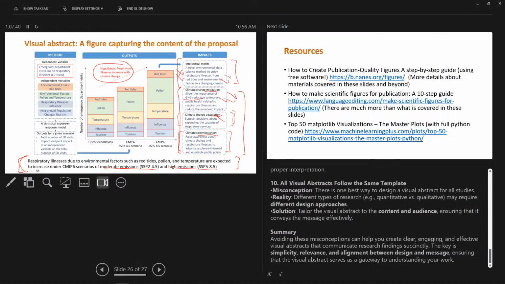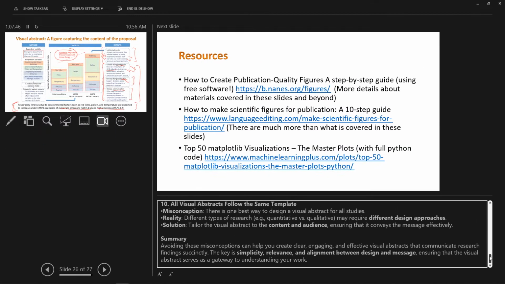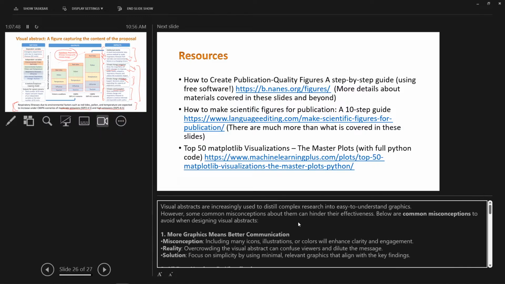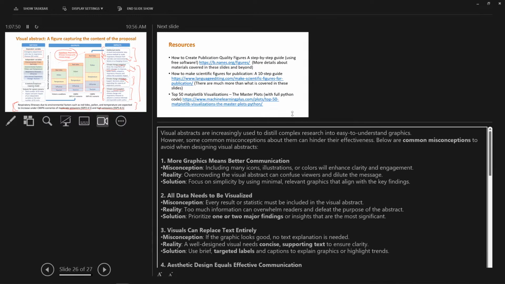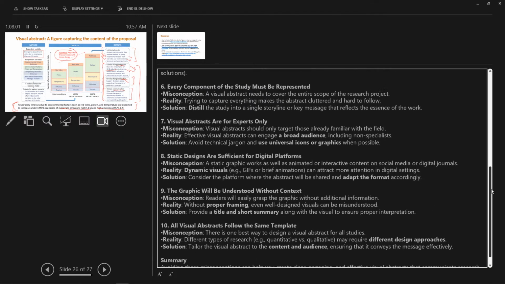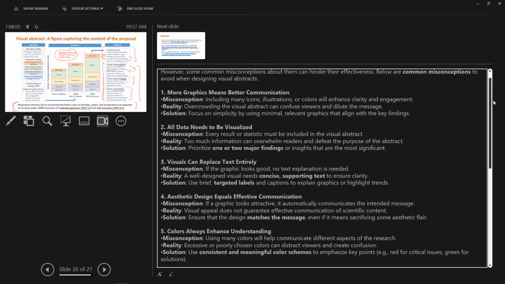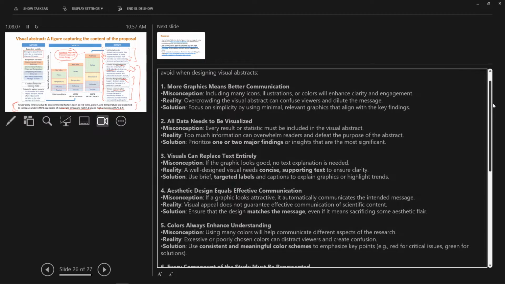If you want to read more about this, you can pause the video. These are the 10 different misconceptions about visual abstracts and how you could fix them. More graphics means better communication. That's a misconception.